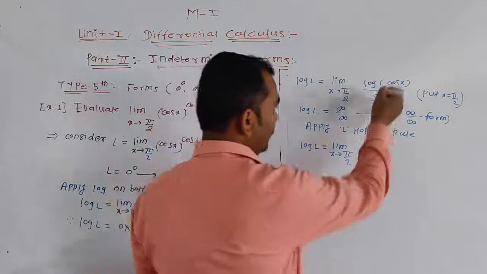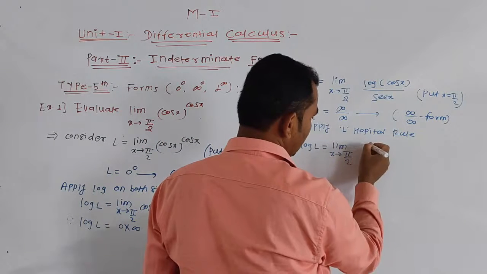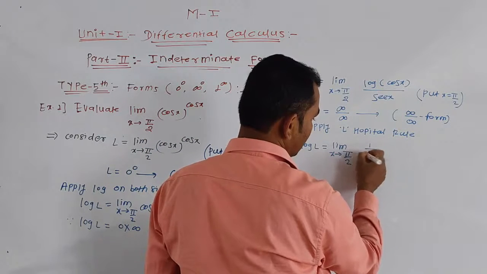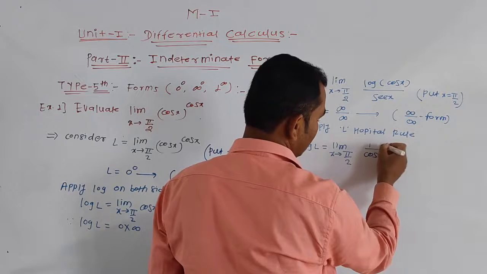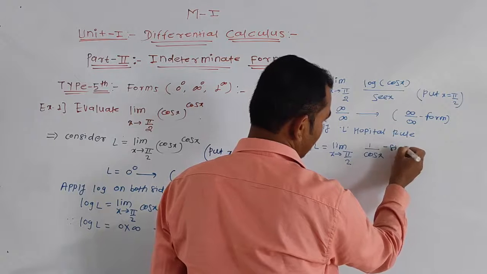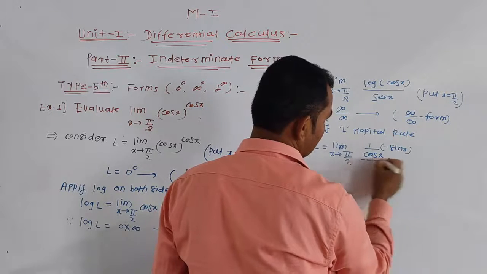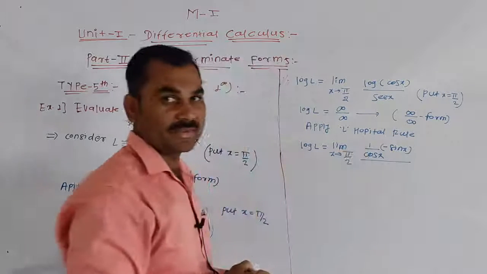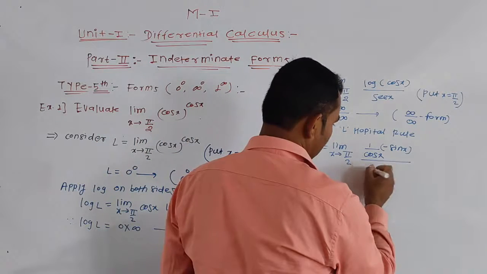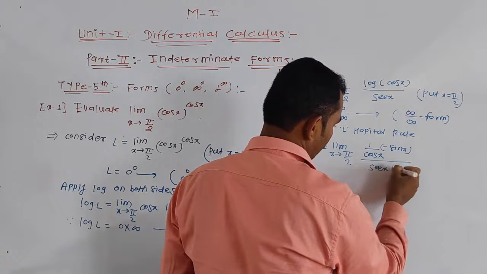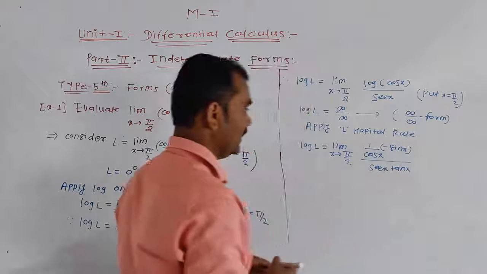So that is 1 upon cos x into the differentiation of cos, minus sin x, correct? And the derivative of sec x, we know, is sec x into tan x.